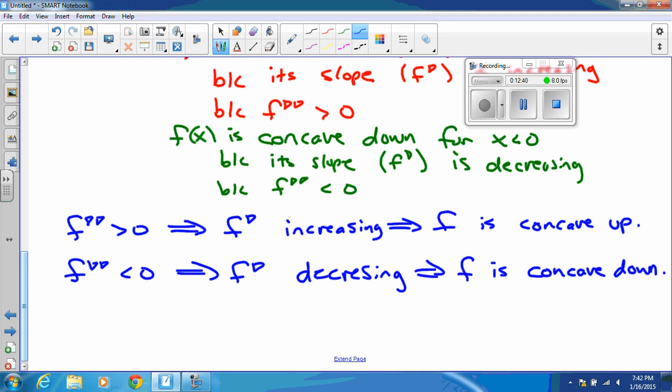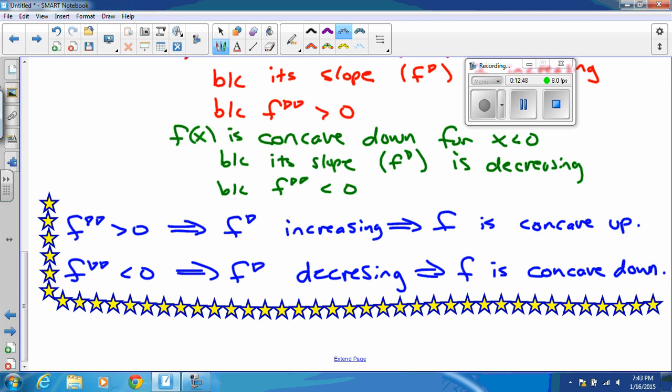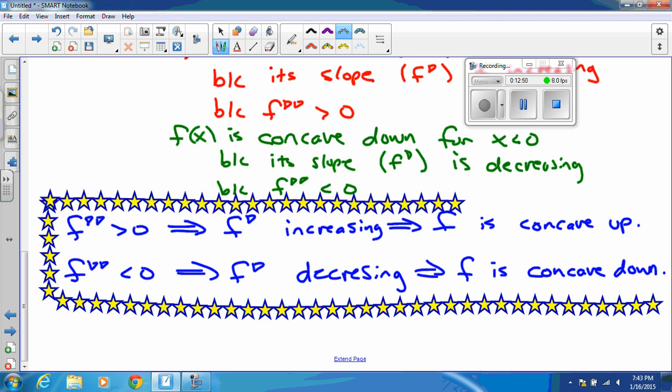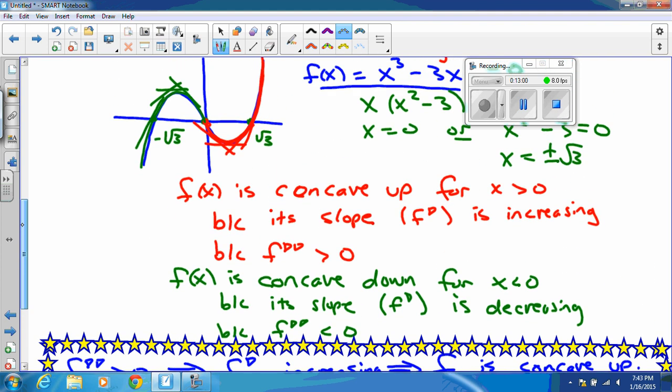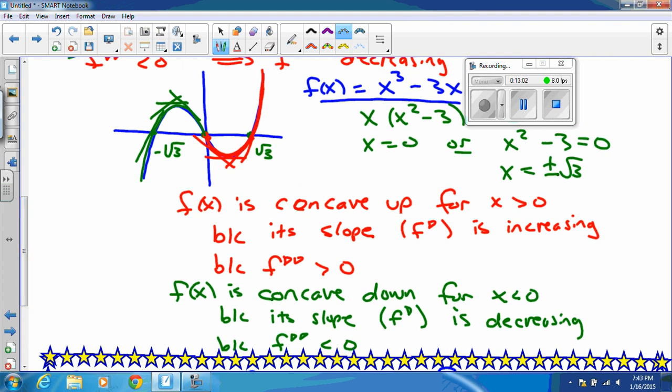And that's going to force f to be concave down. This is the second big deal of our lecture, so it gets stars also. Okay.